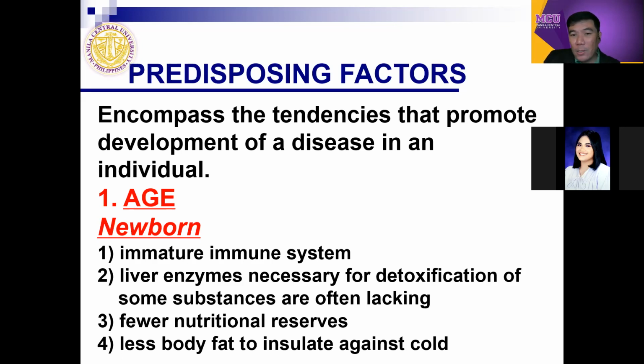So, that's why exposure to sunlight is essential because of the vitamin D. Pero since nga vitamin D is lacking, liver enzymes are not yet sufficient, ayun, pwedeng nagko-cause siya ng possible discoloration sa newborn. Next po, fewer nutritional reserves.